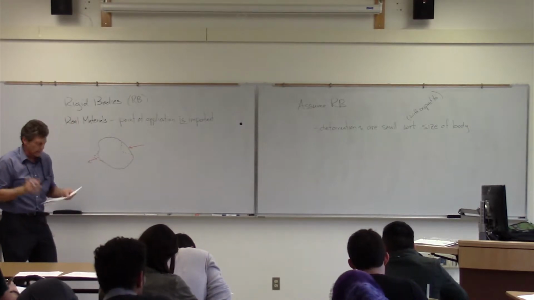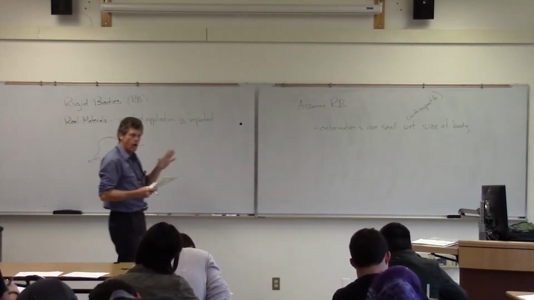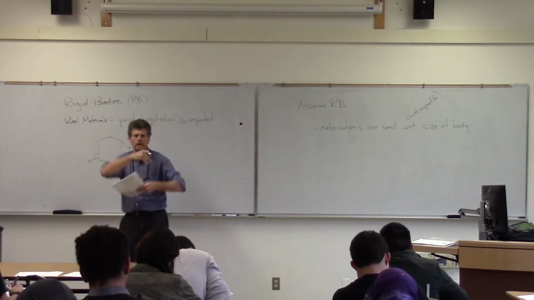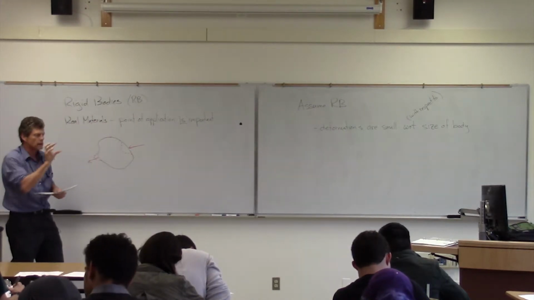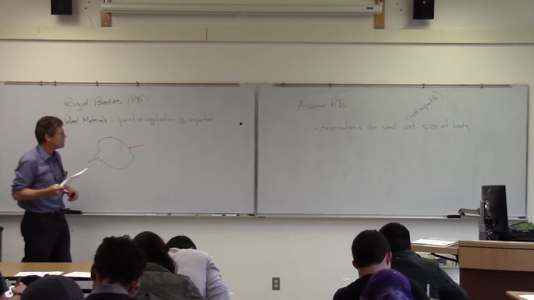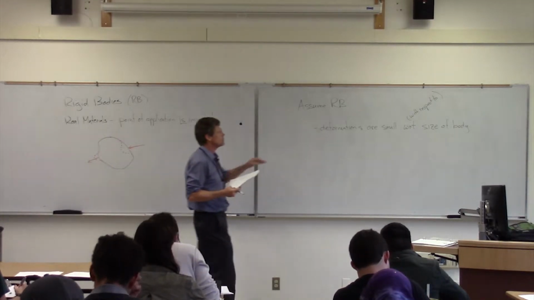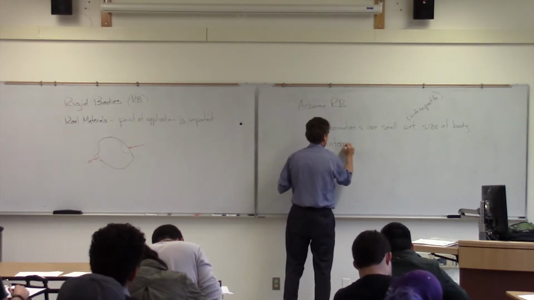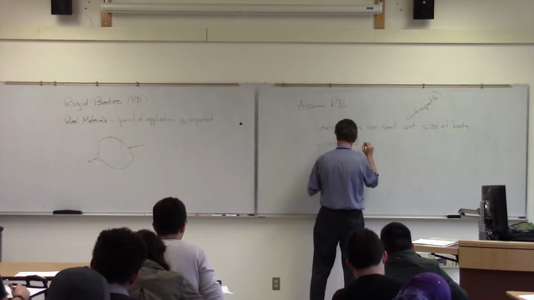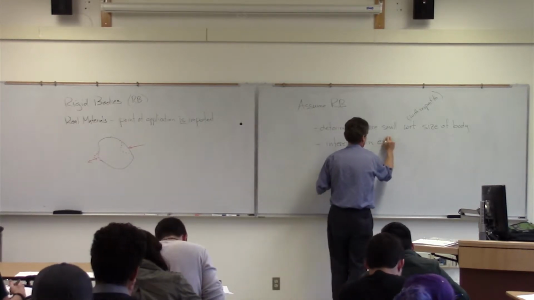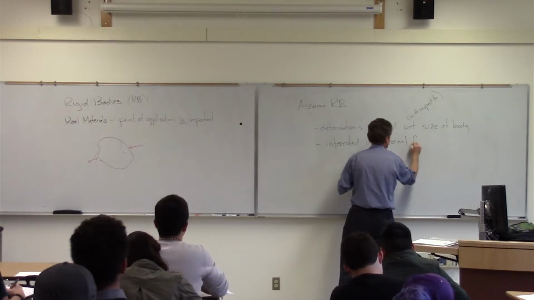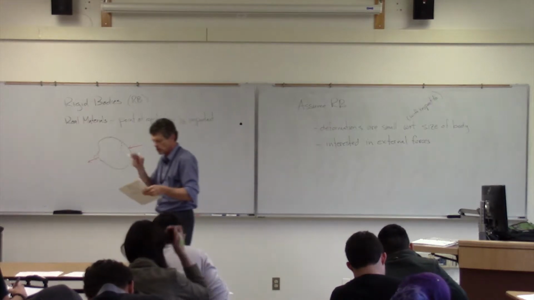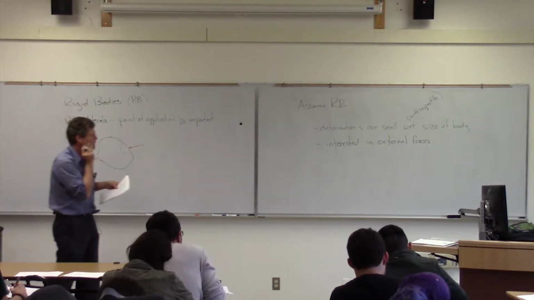So what we're going to assume then is that the deformations are small compared to the size of the body. So if the body is a big truss or it might be a building or something like that, and our deformation is down to half an inch or something like that, then the deformation we can consider small in terms of the size of the body. The other point is what we're really interested in statics is the external forces, external to that rigid body.